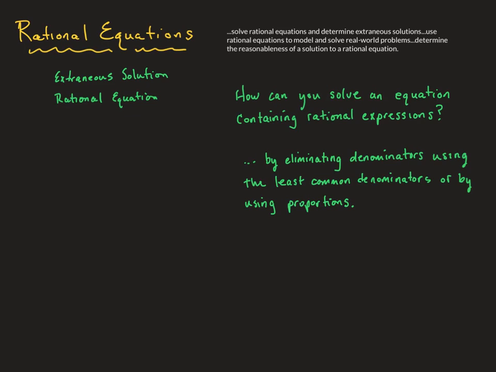So here, with rational equations, of course, we worry about the extraneous solutions. And what really is a rational equation? How can you solve an equation containing rational expressions? Well, by eliminating the denominators using the least common denominators, or by using proportions. And this may seem daunting and a very long problem, but the more comfortable you are with fractions, the easier it is.